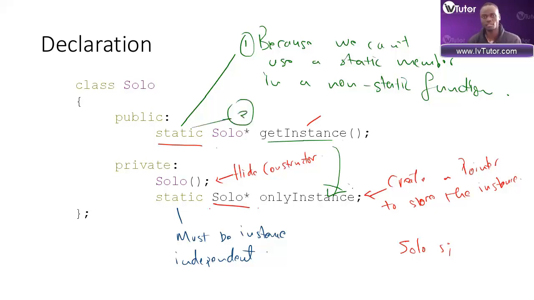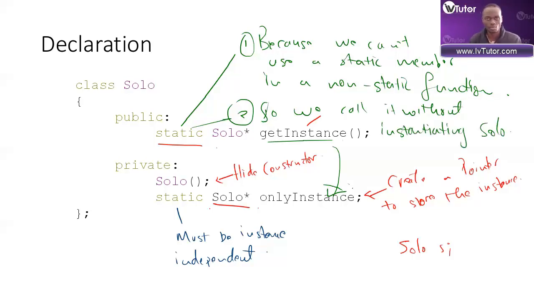So second reason, so we can call it without instantiating Solo. So these are basically the two reasons that we can think about why this also has to become static. So basically you have to understand why your variable here is static and why your function is static, right?